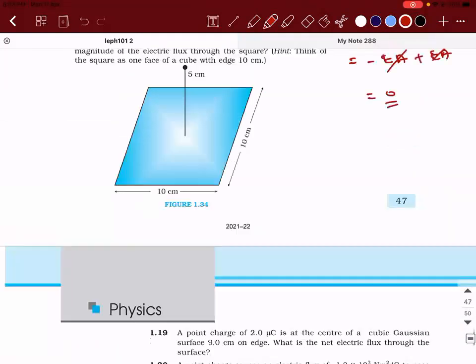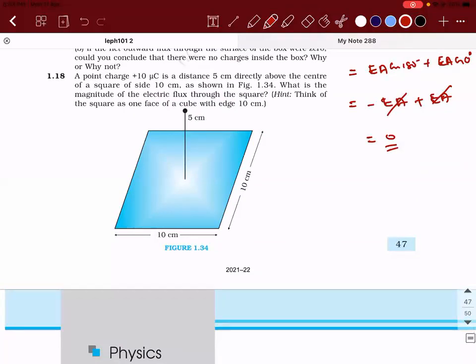The 18th, you need to complete a cube. What is the answer given? What is the given? That is what I want. So what is the total charge? 10 microcoulomb, no?